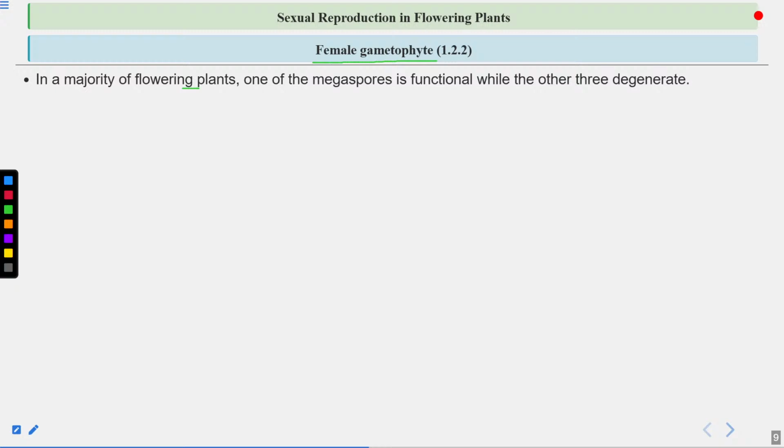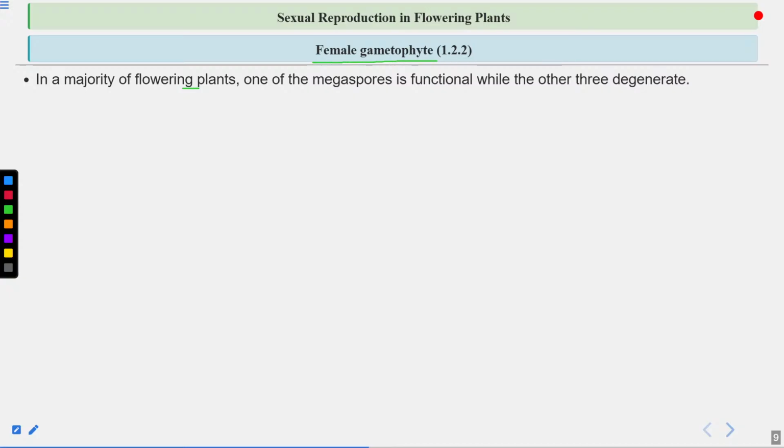And now this particular line comes here: in a majority of flowering plants, one of the megaspores is functional while the other three degenerate. Coming back, out of those four megaspores, three degenerate and only one becomes the functional megaspore.